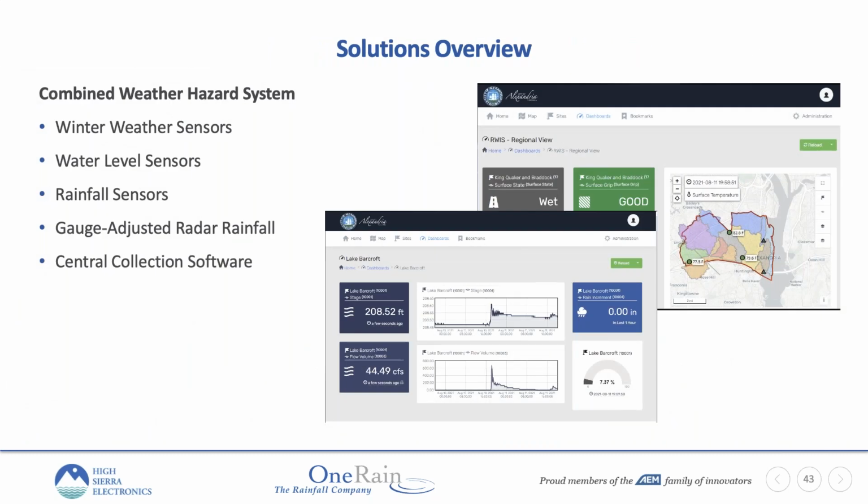So again, we're kind of jumping back on this slide that we saw earlier. Again, Charles, we picked these shots up off of their system. They have that combined weather system, right? It's a huge team effort where the stormwater division of public works is working with the road department of public works, and then the emergency management folks are all in concert together, and it's a very harmonic system.